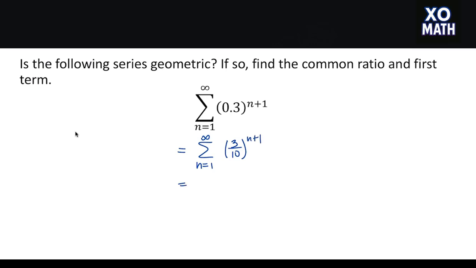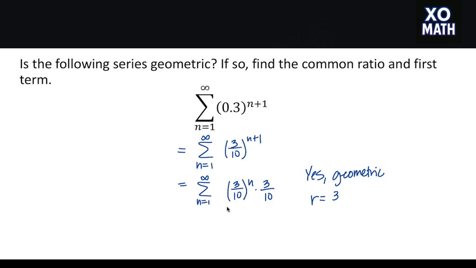And what I could do is I could split this up as the sum of n equals 1 to infinity of 3/10 to the n times 3/10 to the 1. So it's flipped, but this is ar to the n. So my r value is 3/10, so this is geometric. So yes, this is a geometric series.